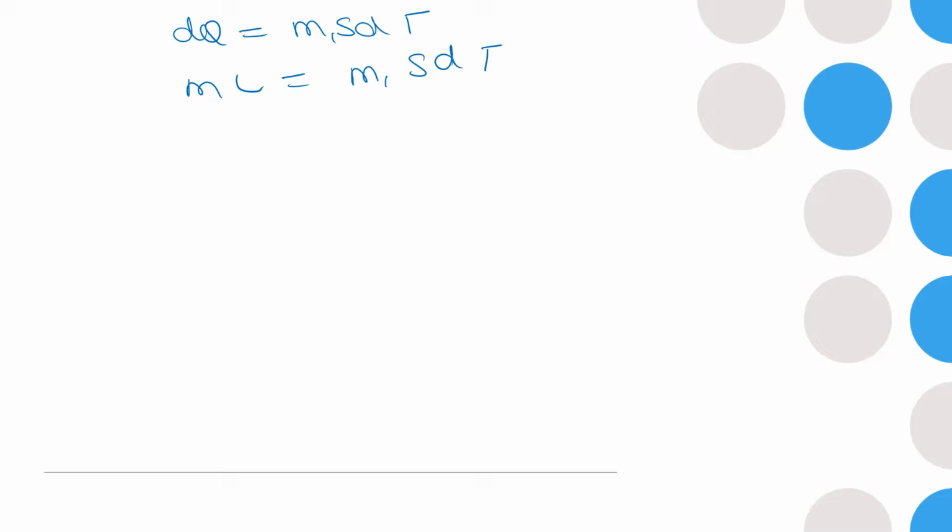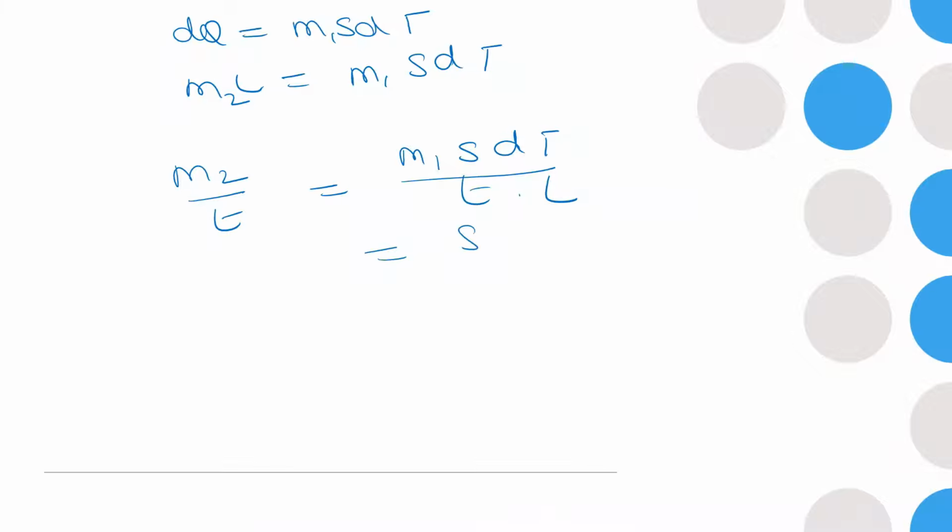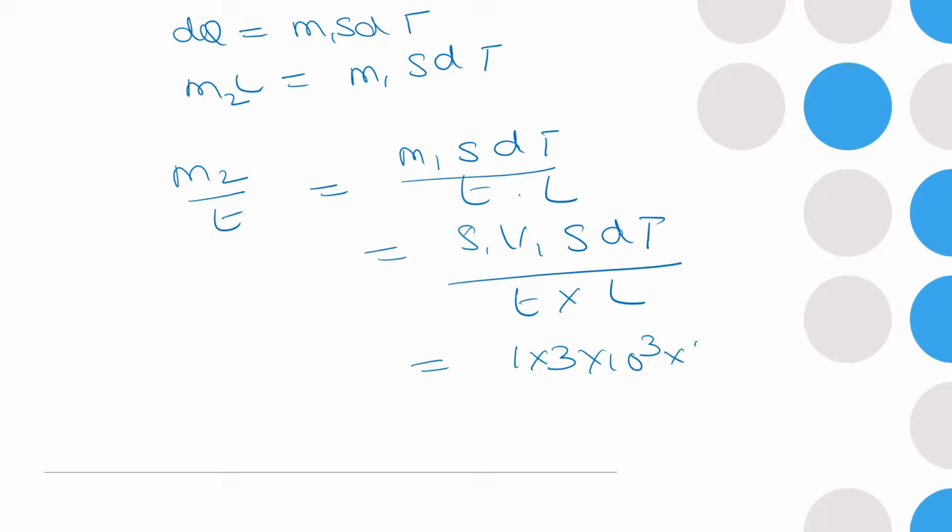So m2 by t is equal to m1 s dt by t into L. So this can be written as rho1 V1 s dt by t into L. Now substituting, 1 into 3 into 10 cubed into 4.2 into 50 by 4 into 10 to the power of 4.